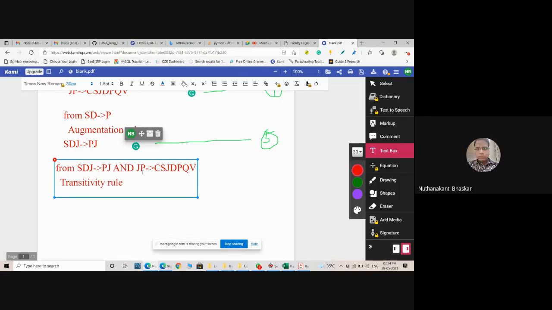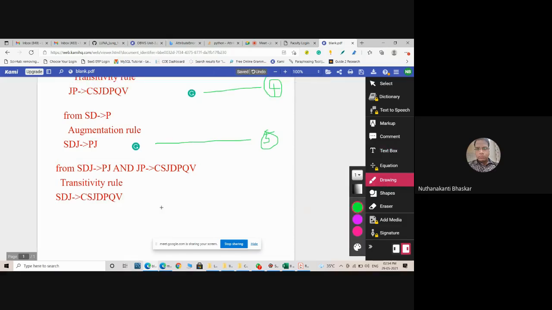So based on this transitivity rule, what will we get? SDJ determines CSJDPQV. So this is functional dependency 6. Are you clear? Yes, sir.